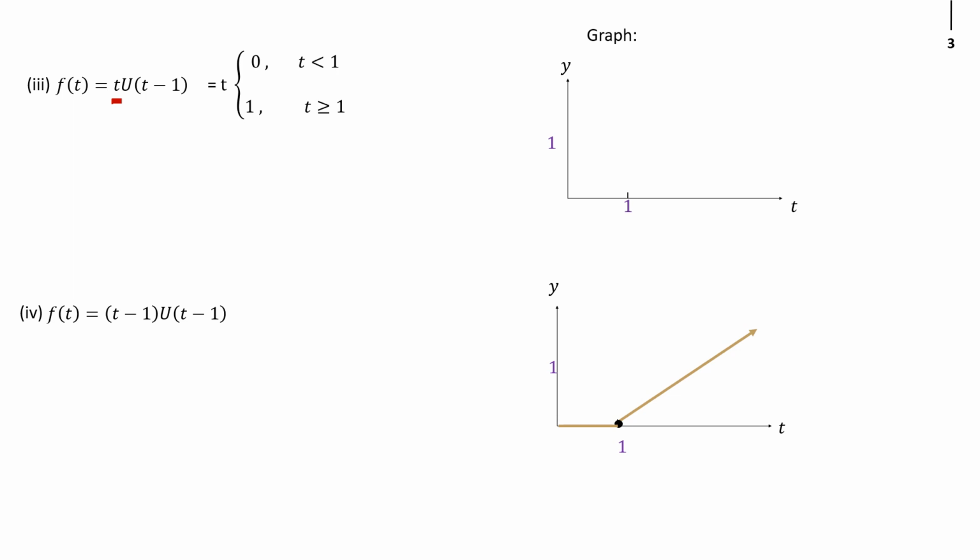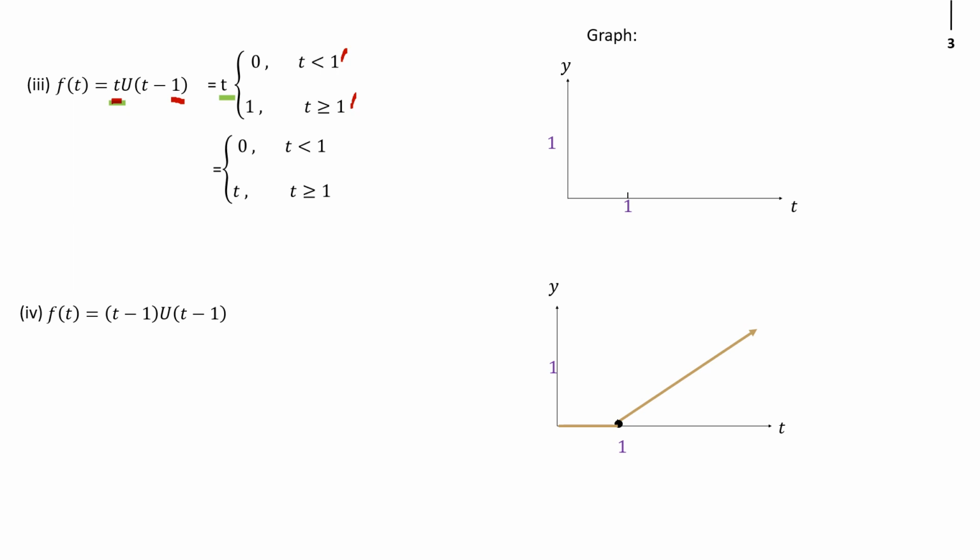The piecewise function a is 1, and this t we put here. Then multiply t with 0 and t with 1.